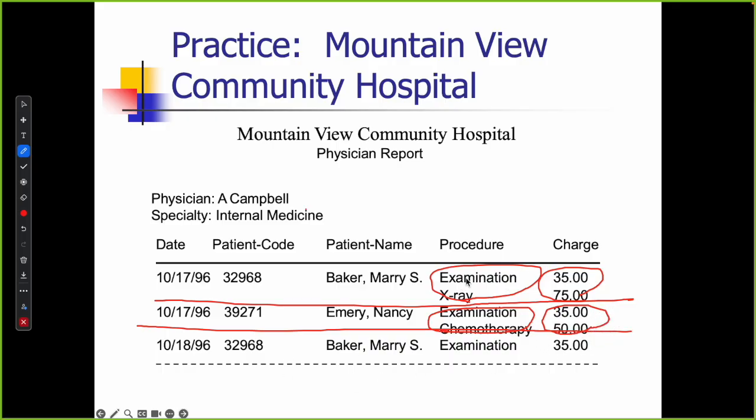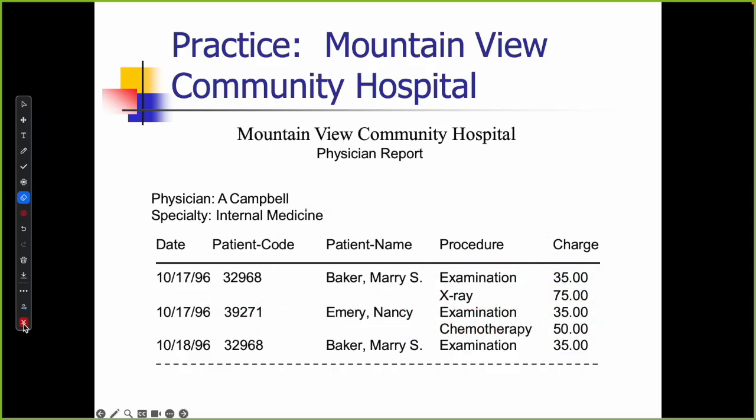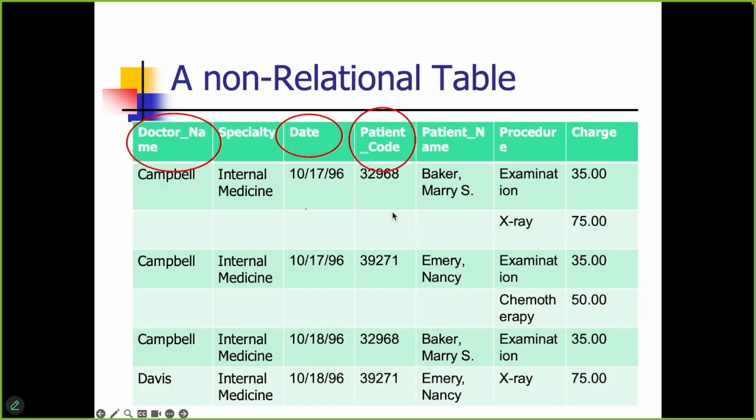Obviously we cannot put two different things in one cell, right? So we cannot put both 35 and 75 as a charge in one cell. We cannot put both, for example, examination and X-ray in one cell. So we have to put them into separate rows. Otherwise, you'll see something like this on the next page.